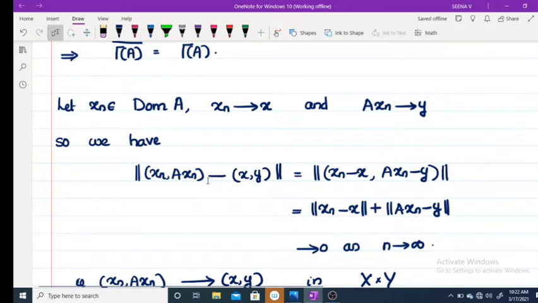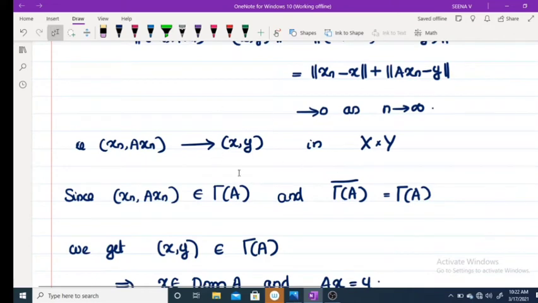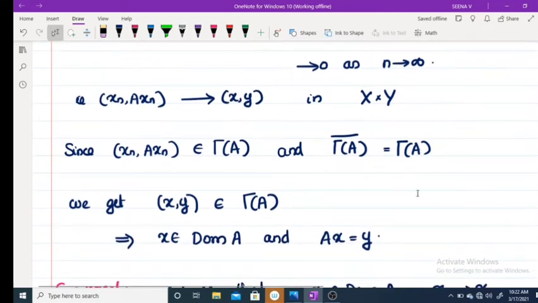So the norm of (xn, Axn) minus (x, y) is equal to the norm of (xn minus x, Axn minus y), and by the definition of the norm, each term tends to 0 as n tends to infinity. Therefore (xn, Axn) converges to (x, y) in X cross Y. Since (xn, Axn) belongs to Gamma of A, and the closure of Gamma of A is equal to Gamma of A, this (x, y) must belong to Gamma of A because Gamma of A is closed.